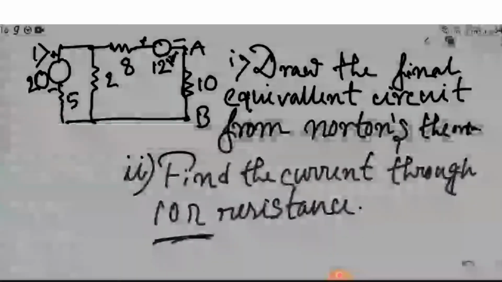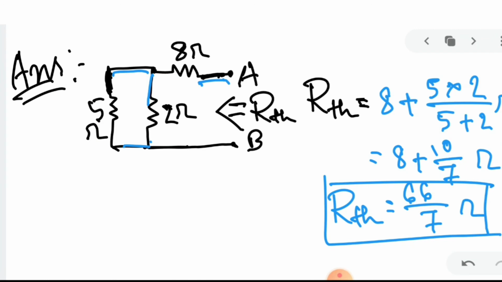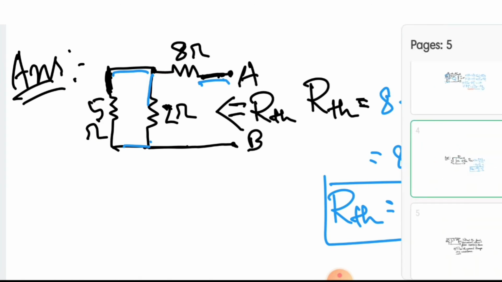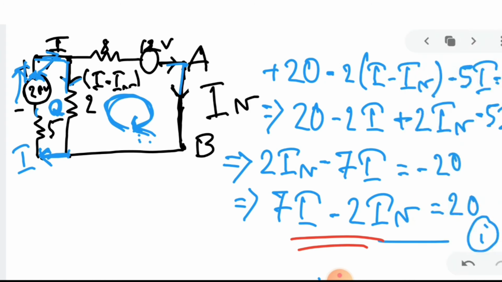Okay, so in Norton's theorem you first need to calculate the RTH, as in Thevenin's theorem. Second, we need to calculate the AB terminal Norton's current.